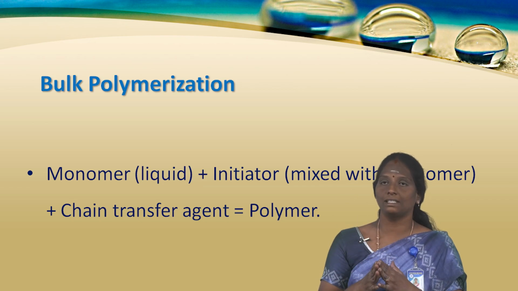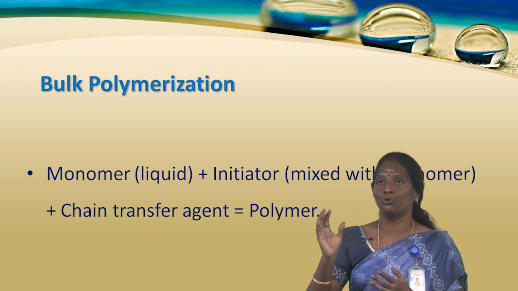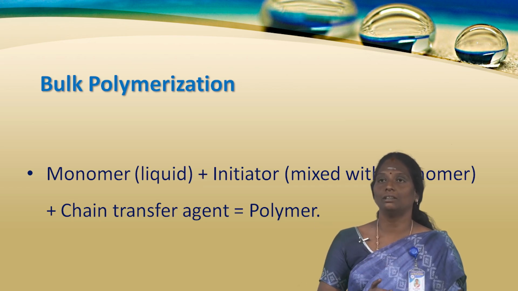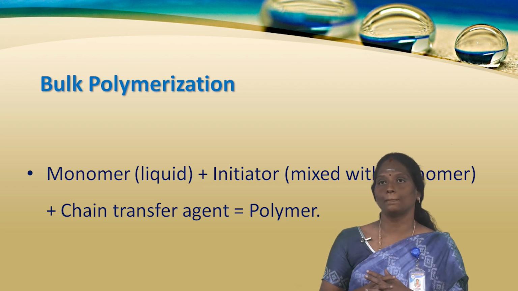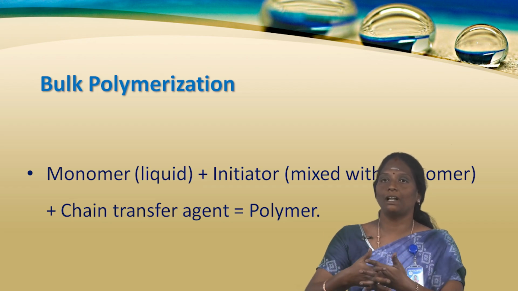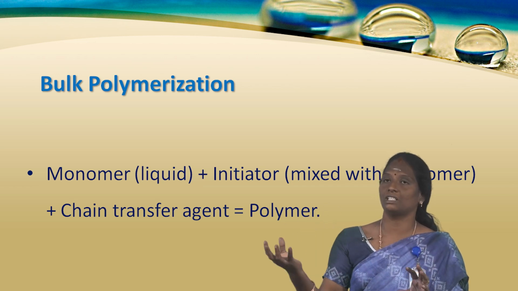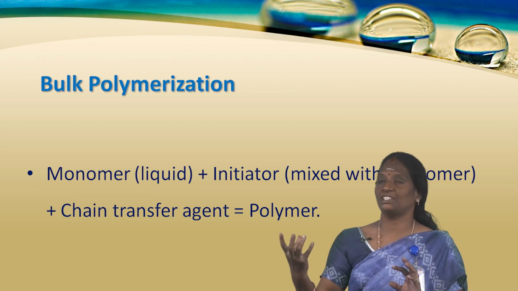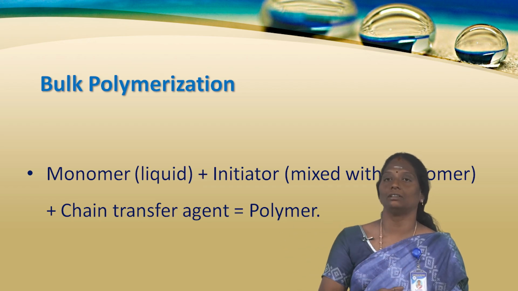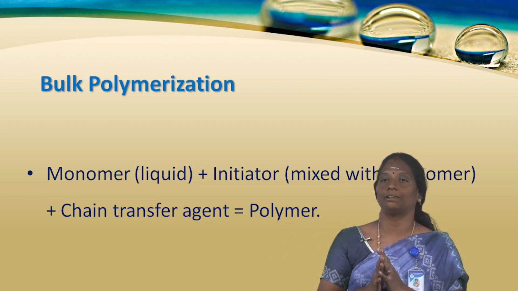The flask is placed in a thermostat under constant agitation and heated. So, in bulk polymerization, we have monomer in liquid form, initiator that is mixed with the monomer, chain transfer agent is also added. So, we get a polymer.